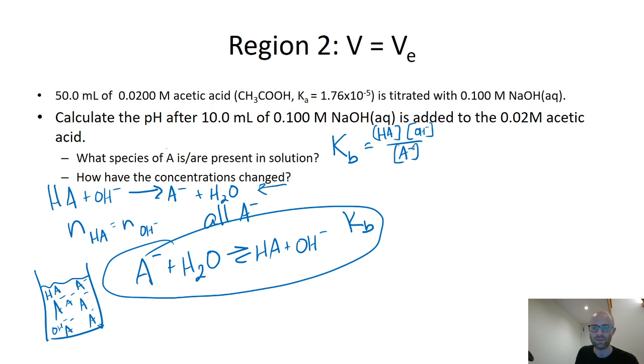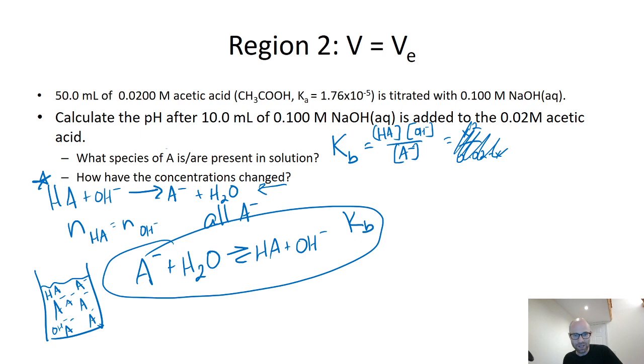Now there's a very, very big change, because I know what you want to do. You want to just say x squared over 0.02 minus x, but there's a very big change that's happened to this solution. We've added 10 milliliters of base to this 50 milliliters of acetic acid to make our solution of acetate. That means we now have 60 milliliters of stuff, so we can't do this. This doesn't work. Now, in a buffer, we said that dilution doesn't impact your overall pH because it's a ratio of the concentrations.